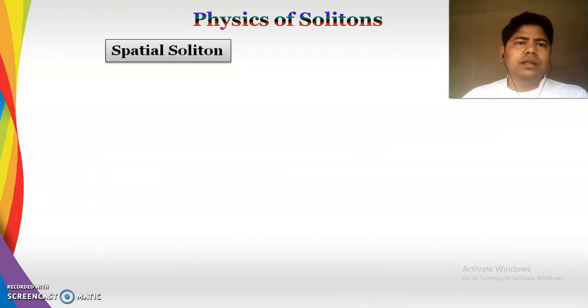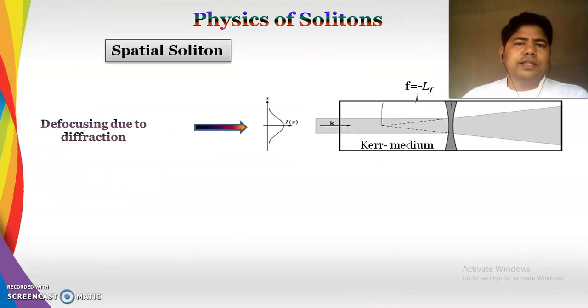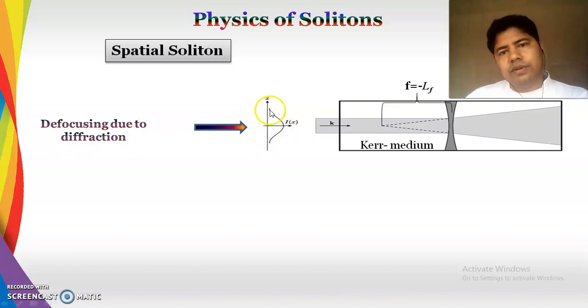Now coming to the spatial soliton. Spatial soliton is related to the width of the beam, the pulse. Say this is x. In the x direction, the intensity pattern of the pulse is like this.